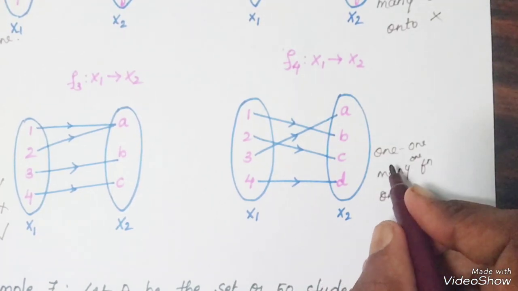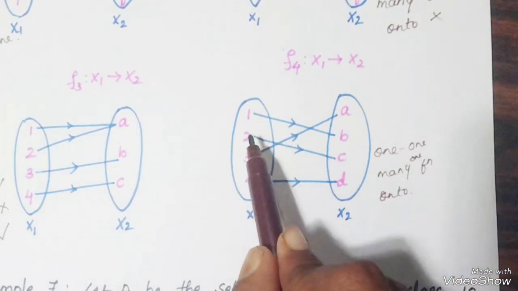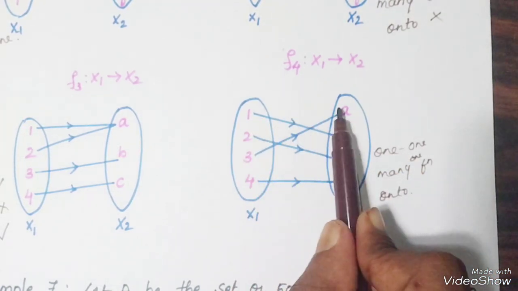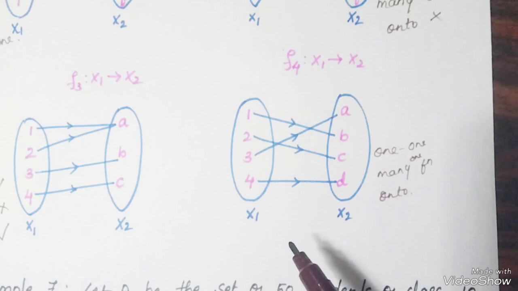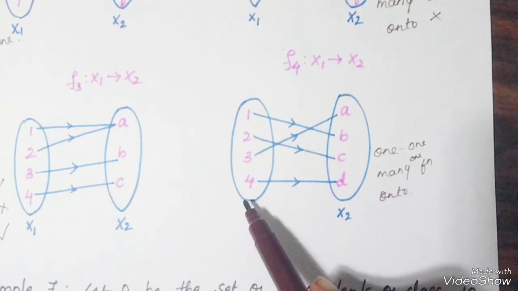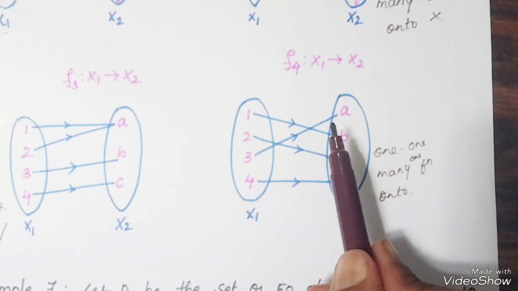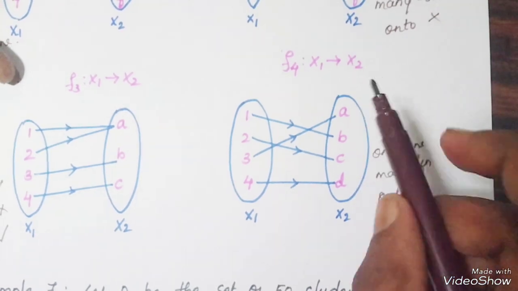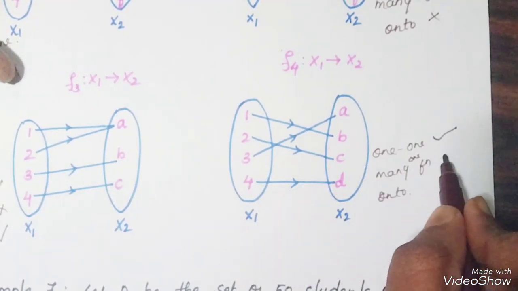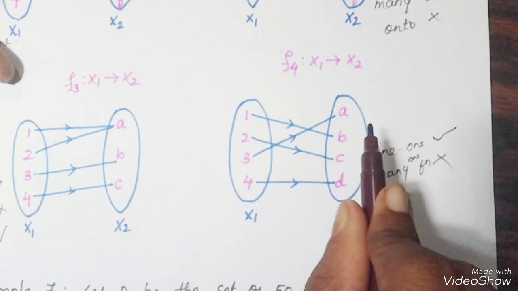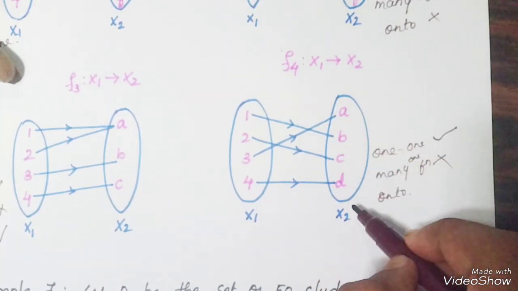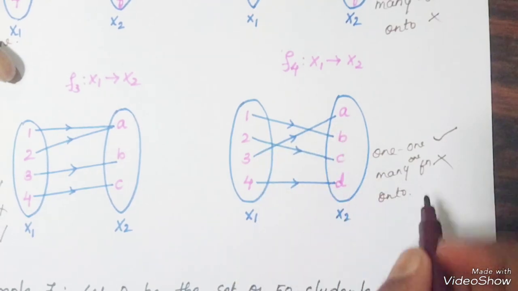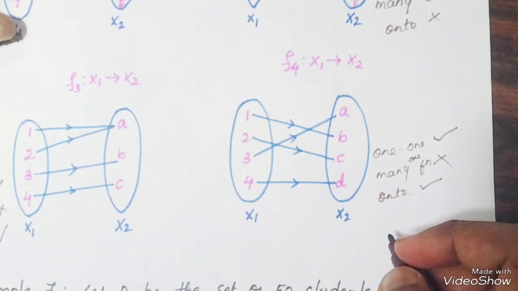Now 1 is related with B, 2 is related with C, 3 is related with A, and 4 is related with D. By the definition of one-one function, every element of X1 is related with one and only one unique element in X2, hence it is a one-one function. Many-one function, not. Does onto function exist? Yes, because every element of X2 has an image in X1. Onto function exists.